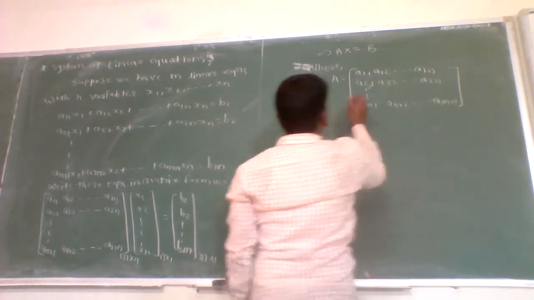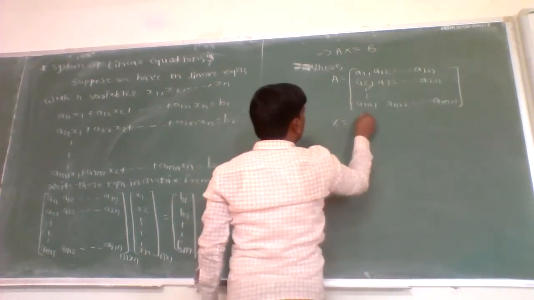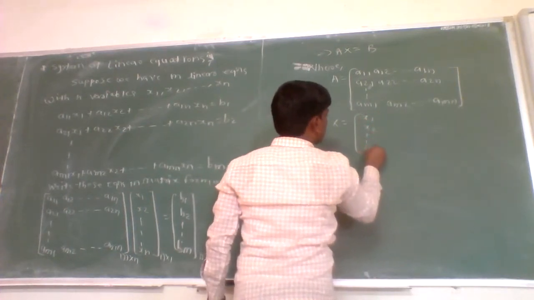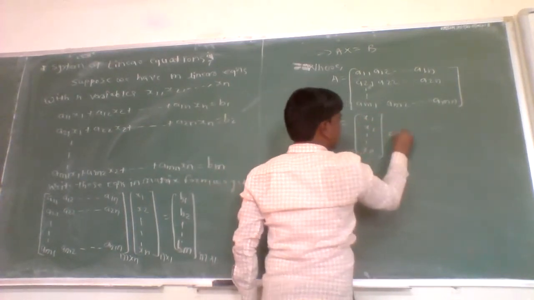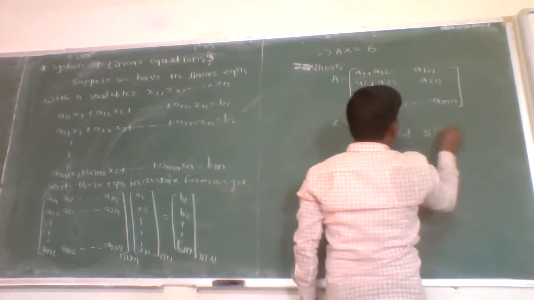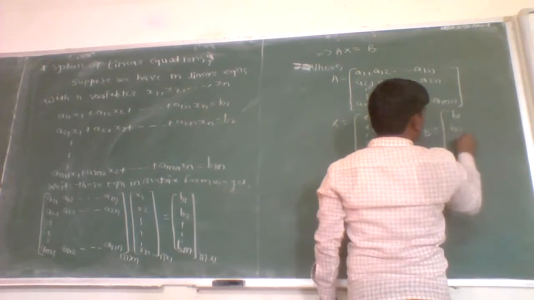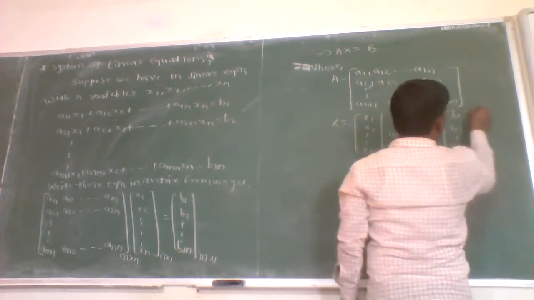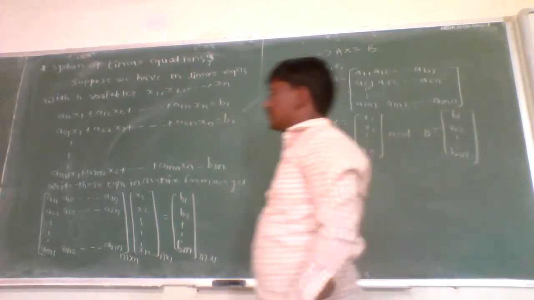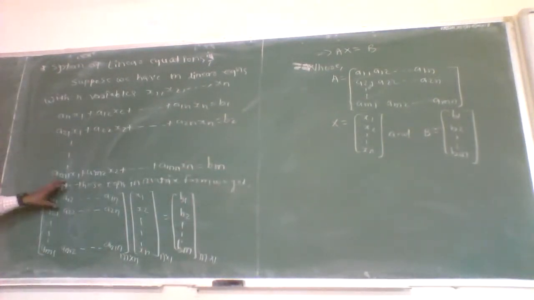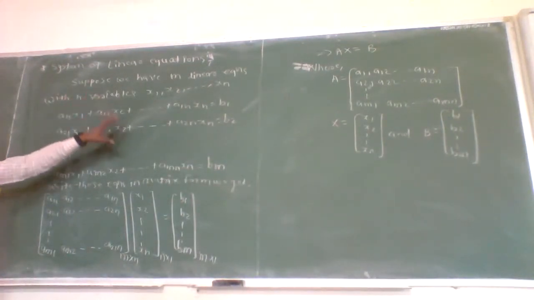This is the matrix A. X is equal to x1, x2 and so on xn, and B is equal to b1, b2 and so on bm. Therefore, these m linear equations we can write in matrix form as Ax equal to B.